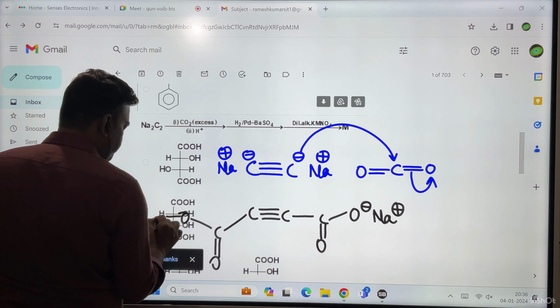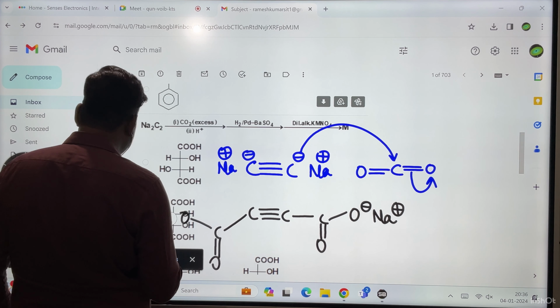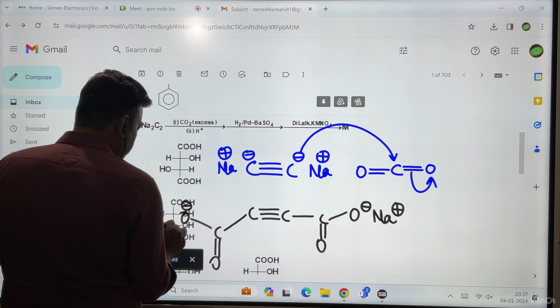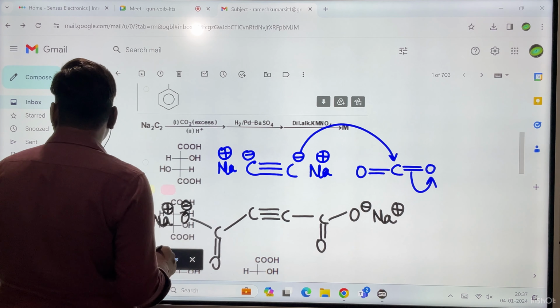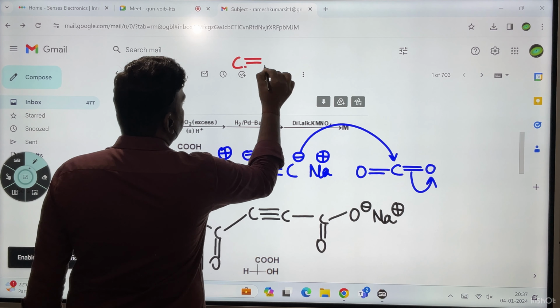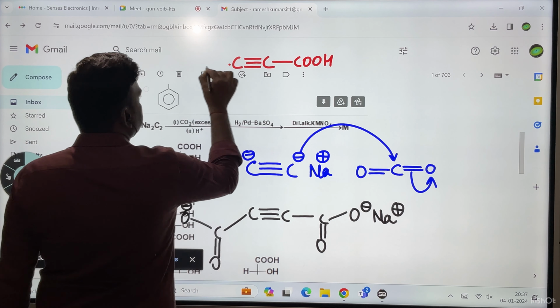So both sides CO2 will get attached because C2 minus has two active sites as nucleophile, so it will attack from two places. So 2 equivalents of CO2 will be consumed for 1 equivalent of C2 minus.